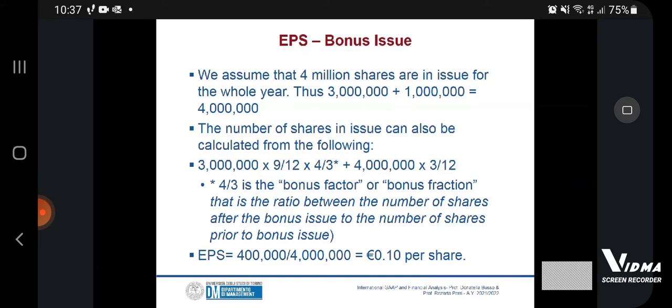Although in that case, the bonus fraction will be, again, with the same formula, the number after the share split compared to the number before the share split. You will have this fraction that you will use for two things. One, to calculate the weighted average number of shares for the current year, and two, the inverse of the fraction, to restate earnings per share for the previous year.